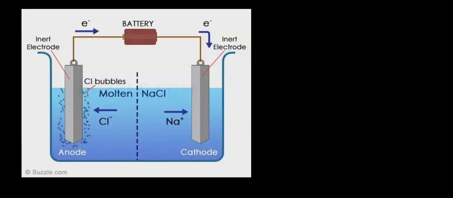All right, here's a simplified diagram of the Downs cell. There's also a picture in your textbook, page 794, an actual Downs cell on the right, and then just a representation of a Downs cell on the left. And so we have our molten sodium chloride. Something to keep in mind is all we have is Na+ and Cl-. Well, what's going to happen to the Na+?